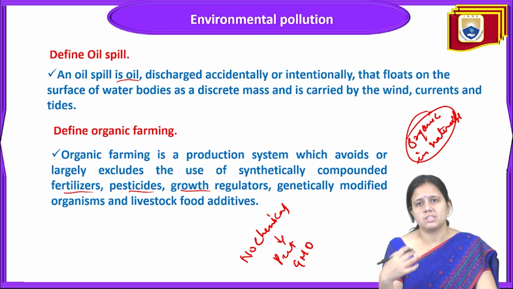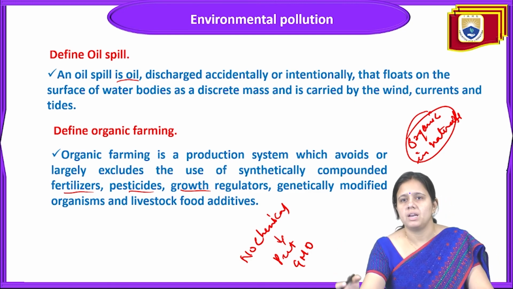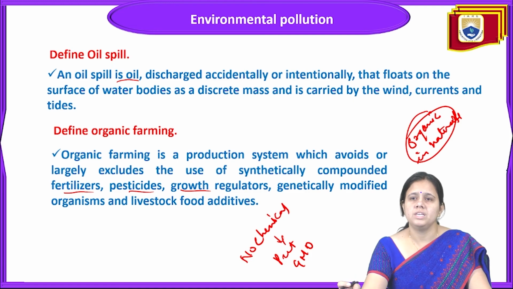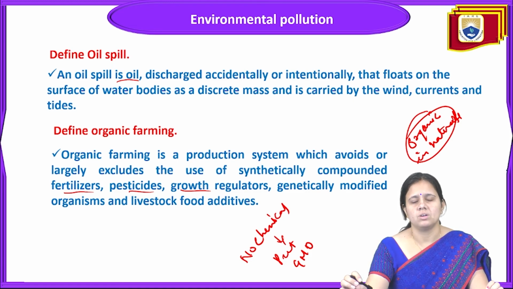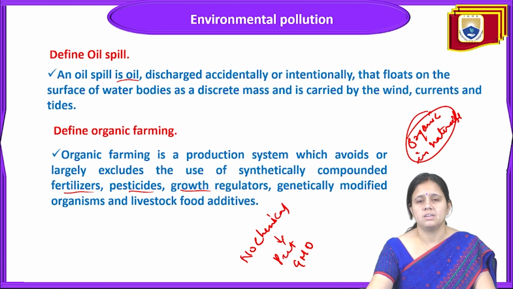That kind of farming largely excludes the use of all synthetic, chemical compounds like pesticides, growth regulators, genetically modified crops or livestock feed additives. It is called organic farming. This is a very healthy farming, and nowadays people are practicing it to obtain food that is free from pollutants.